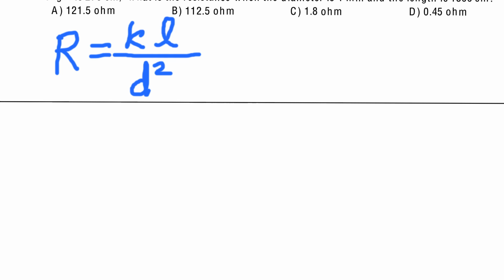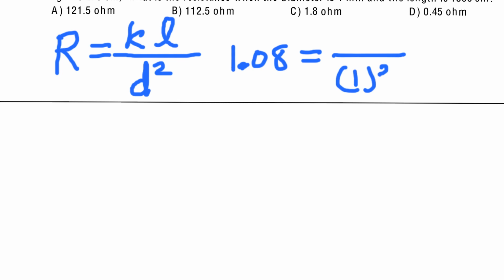Now, it says, if the resistance is 1.08 ohms, and when the diameter is 1 millimeter, so this would be 1 squared, and the length is 270 centimeters, so our K is here, and we'll put 270 here.